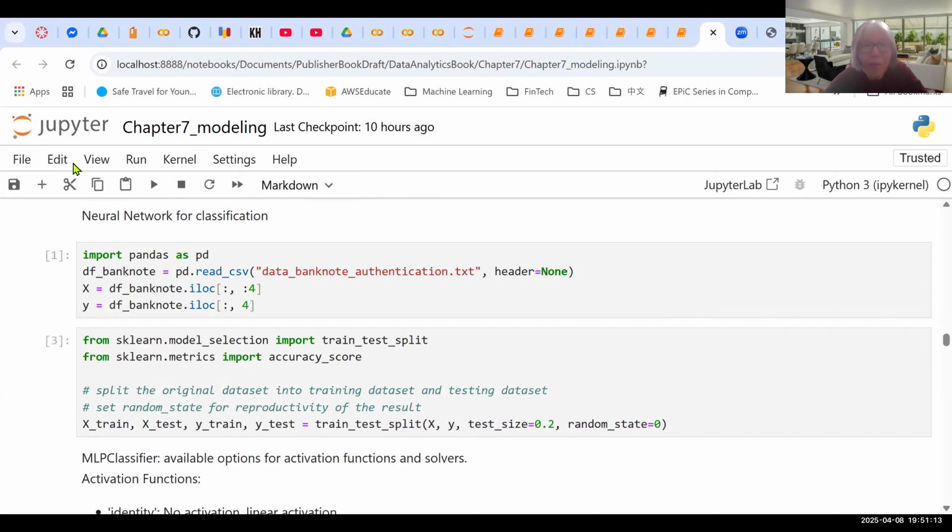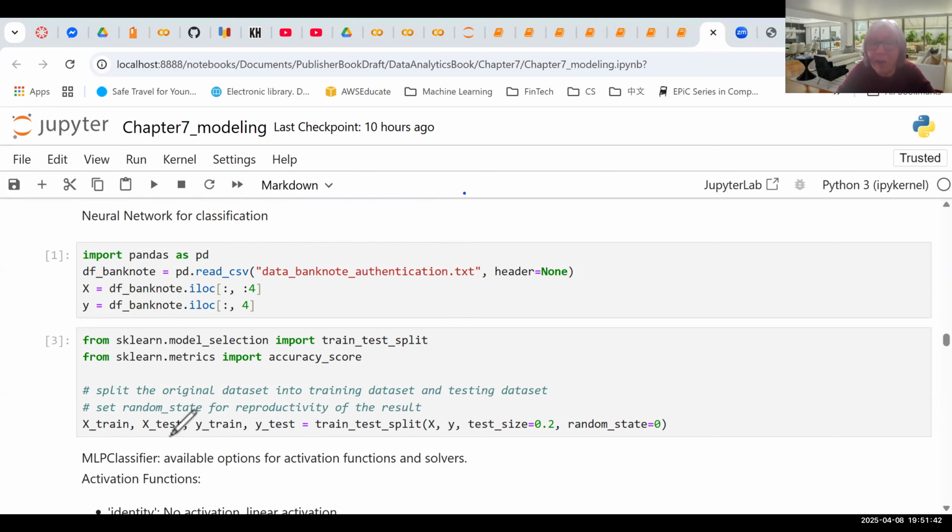And what next, the part I'm trying to show is how to use a neural network for classification. We still use the same data, same procedure. You need to first split the original data set into a training data set and a testing data set.